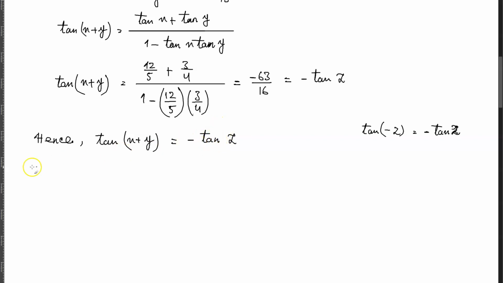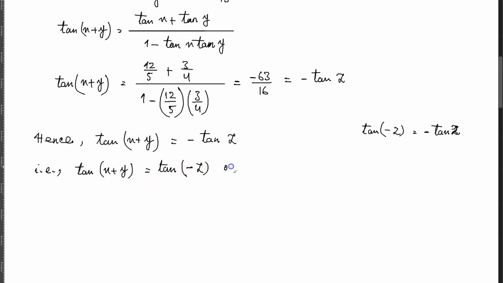I can write this as tan of x plus y is equal to tan of negative z, right?